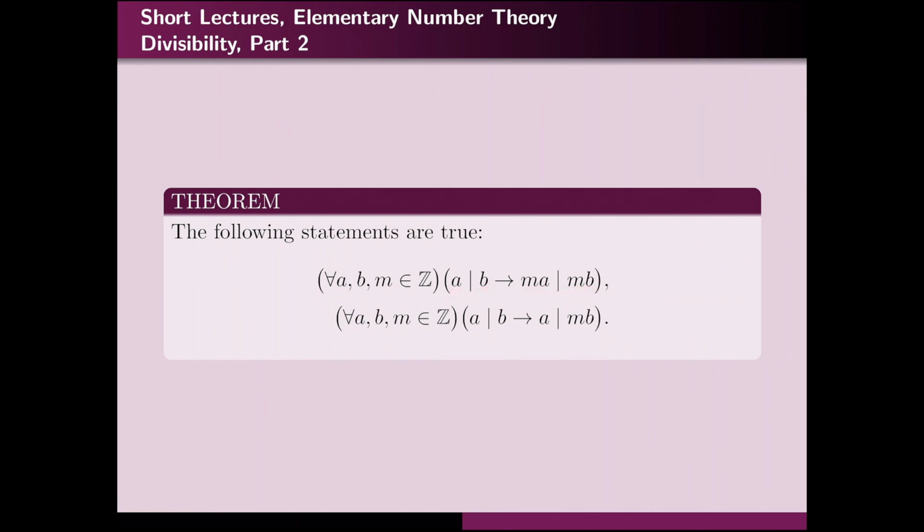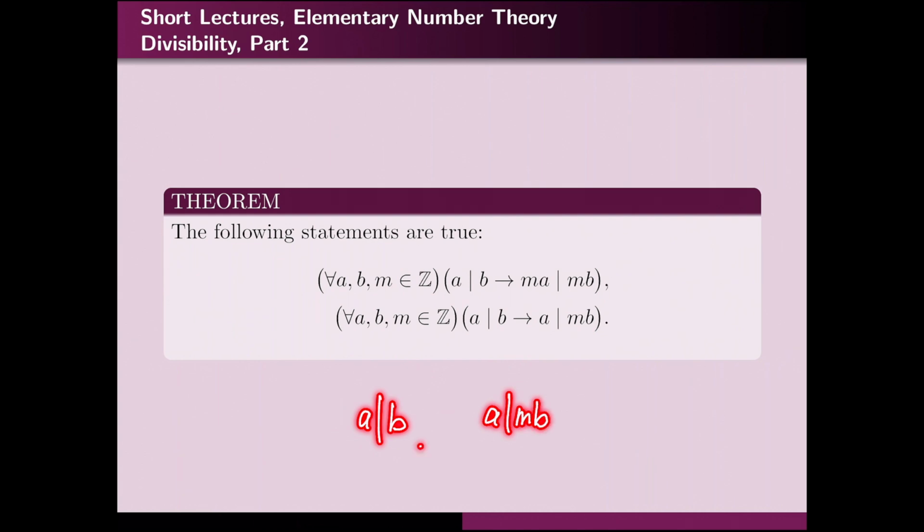But if I want, I can also multiply just one side by m, but that one side should be the right-hand side. So if a divides b, I can multiply the left and the right by an integer m and conclude this, which is true.